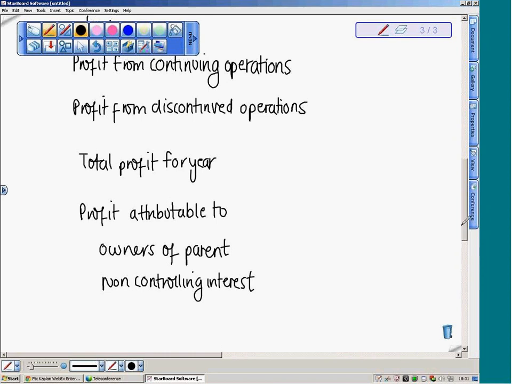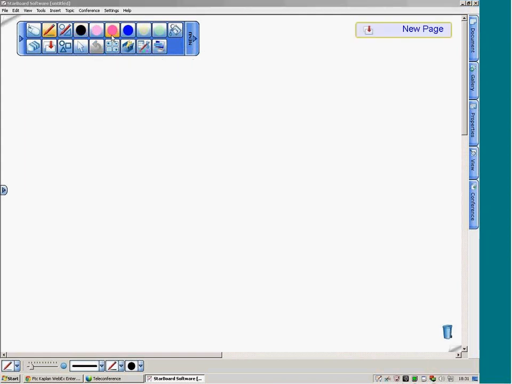Okay, so we've got our pro forma. What do we do next? Well, we're going to go through the standard workings in order, and I take a new page for this. Start with my working one for the group structure. Okay.